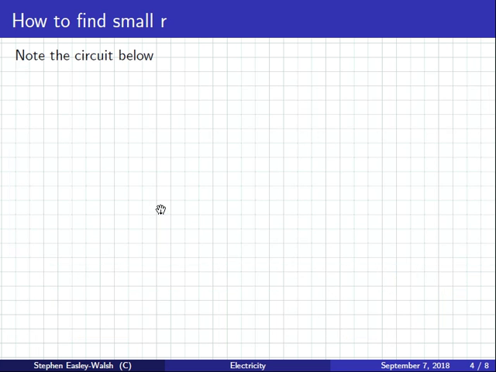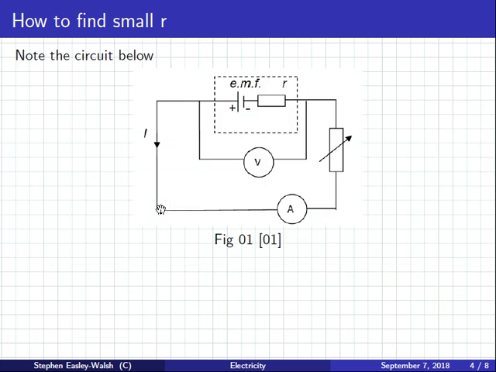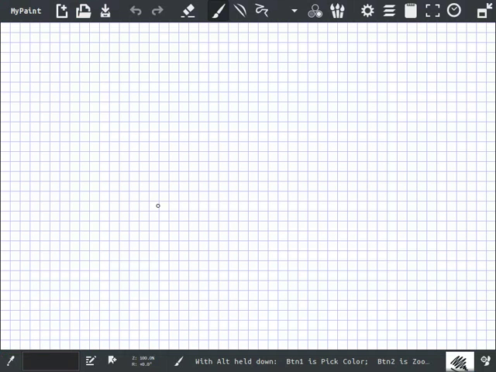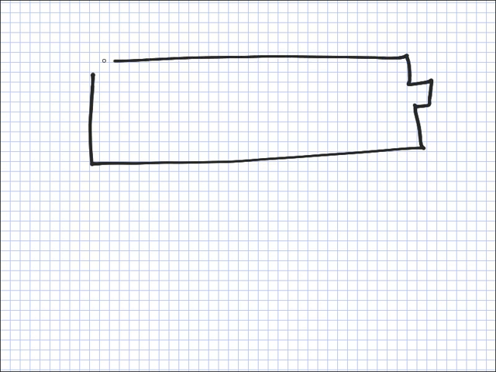Now, the following circuit below is a very important circuit. I'll draw a picture for you here. This is my AAA battery. Out it comes again. Okay. Now, this is how we picture it.